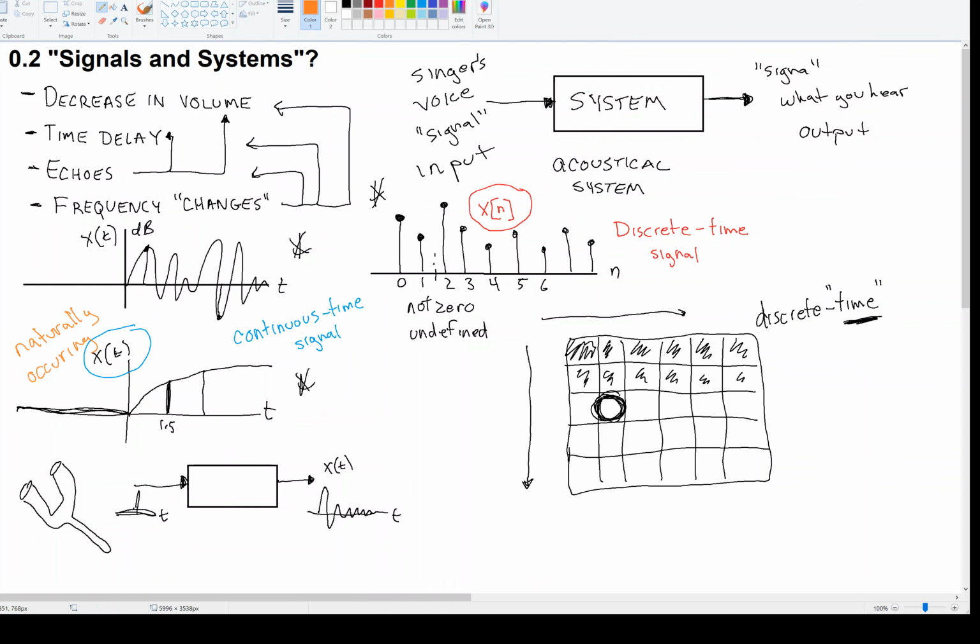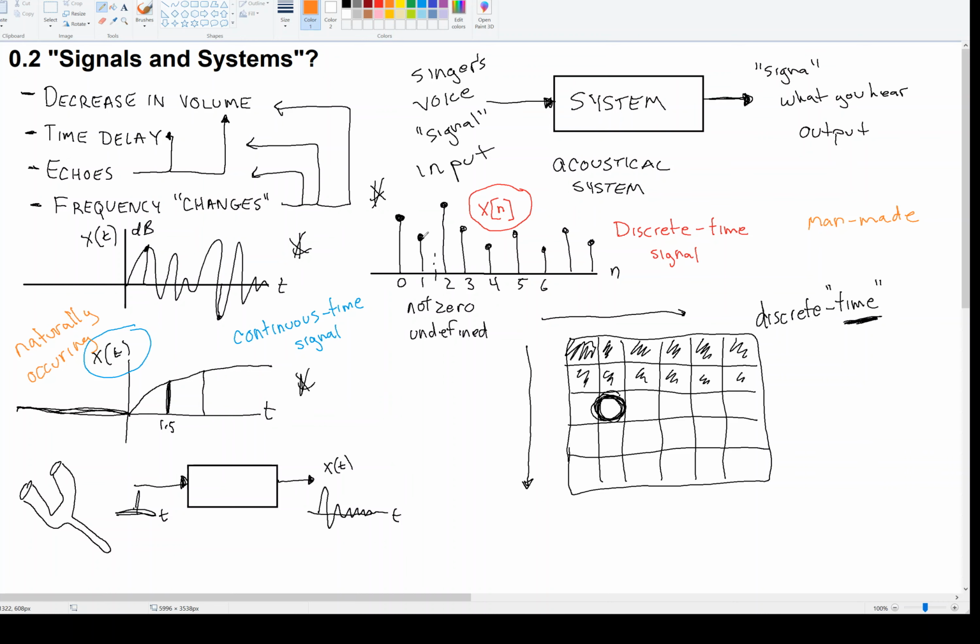On the other hand, things that are man-made usually tend to be discrete time, especially things that occur in computer systems. Computers are always discrete because they have a finite memory and a finite hard drive. They cannot store every single infinite value demanded by a continuous signal.